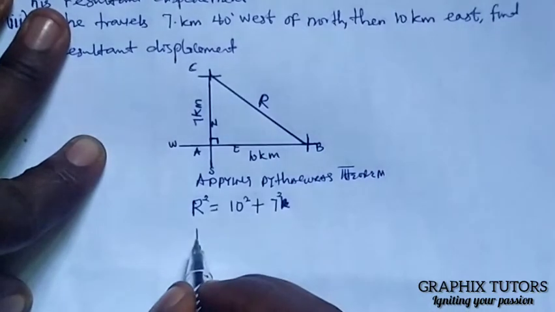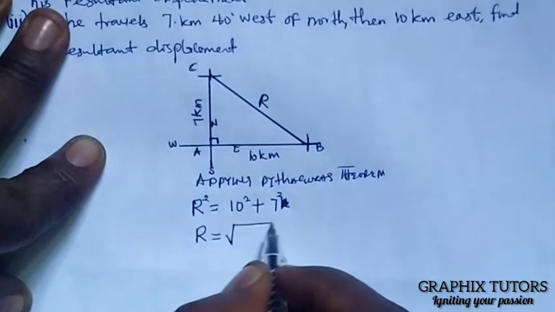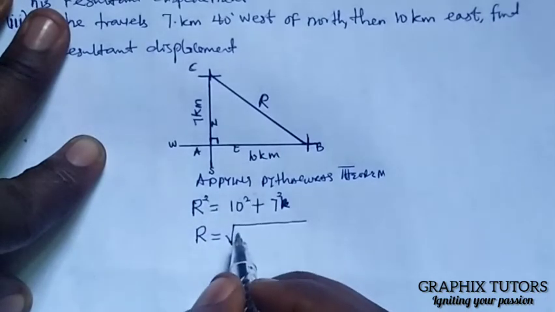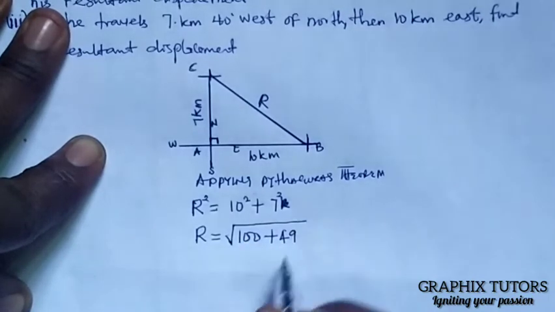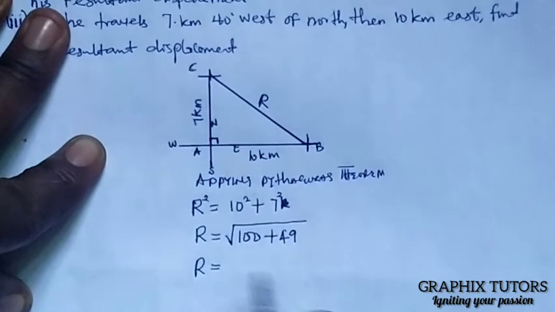So the resultant R will give us the square root of, when this square is coming here, it becomes square root. So we have 10 squared gives 100, plus 7 squared gives 49. So the resultant displacement R will give me the square root of 149.